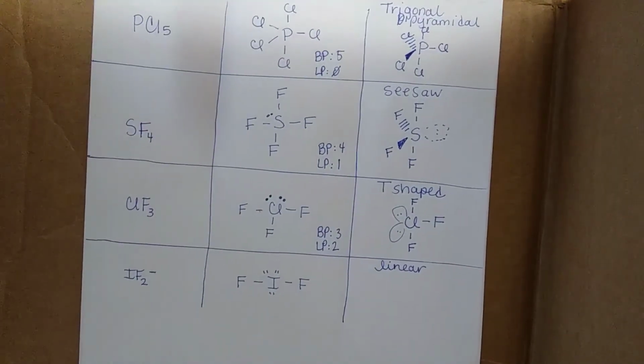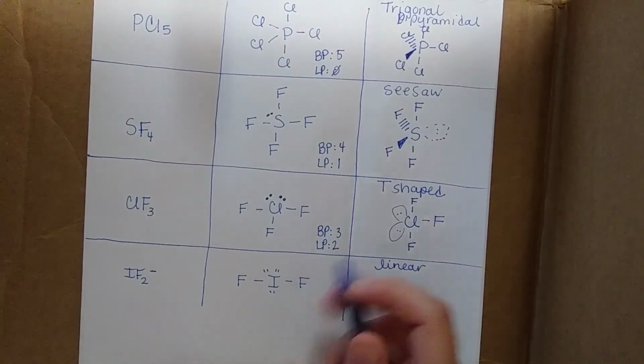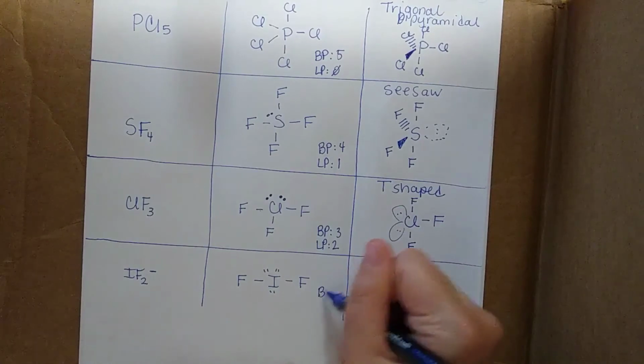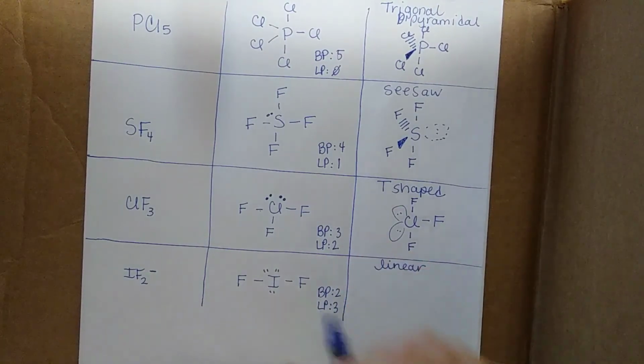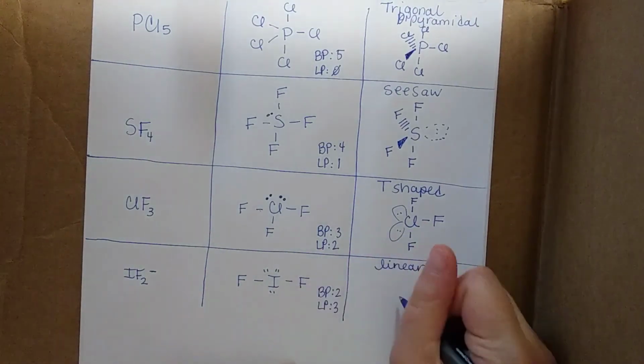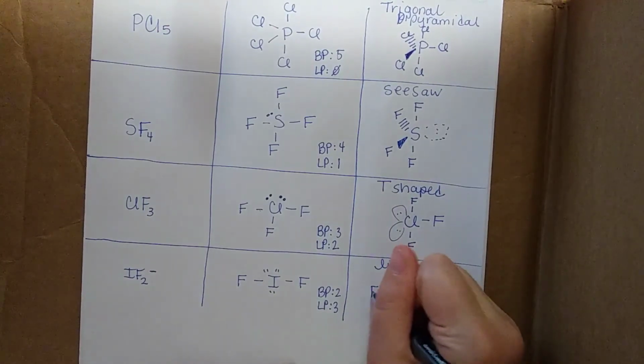Okay, and finally let's look at our IF2- molecule, which I have drawn here. So there's 2 bonding pairs and 3 lone pairs. And this molecule is just linear, so the way to represent that, we can just do it flat on the page once again.